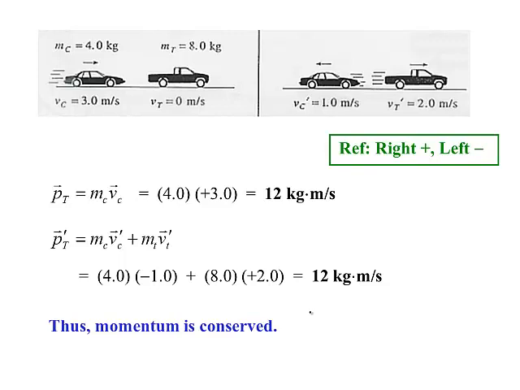After, we multiply their masses and velocities together, keeping in mind that the car is now moving to the left, so it's got a negative velocity, and the truck is moving to the right, so it's got a positive velocity. Work that out and you get the same answer, positive 12 kilogram meters per second. So the total momentum is conserved.